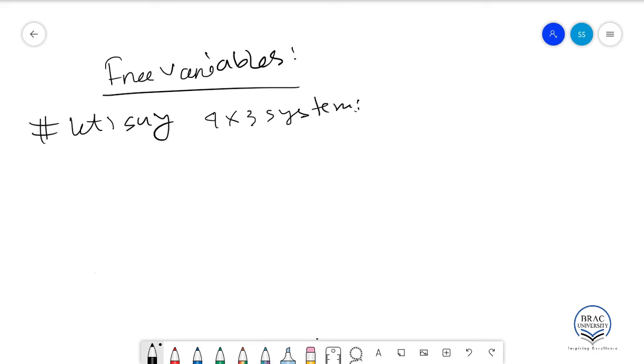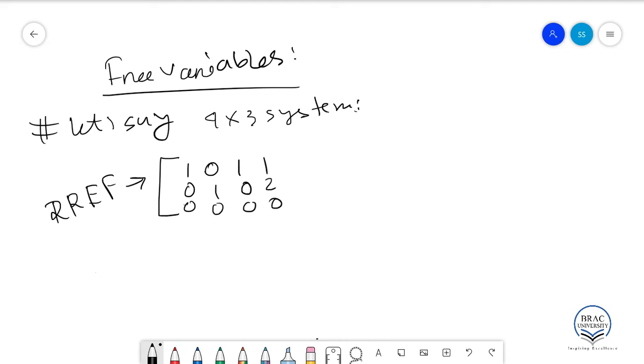and we perform elementary row operations on it and bring it down to the reduced row echelon form in the following manner. Remember, I'm writing the reduced row echelon form over here. So it will be 1 0, let's say 1 1. I'm writing the coefficient matrix first, then 0 1 0 2, and the last row should be 0, right? And you have a 3 over here, 1 over here, 0 over here, and each column will be for one variable.